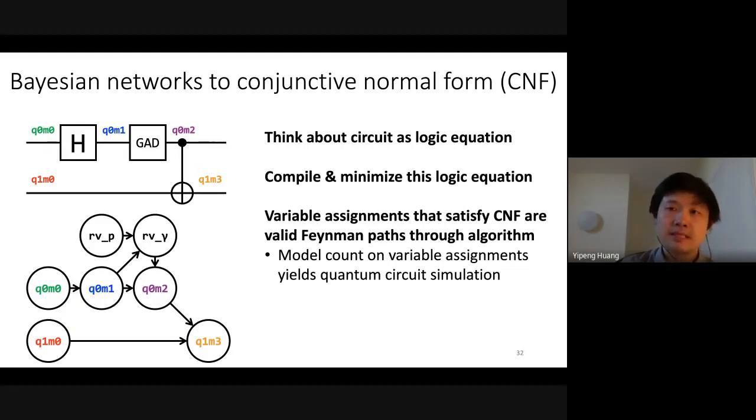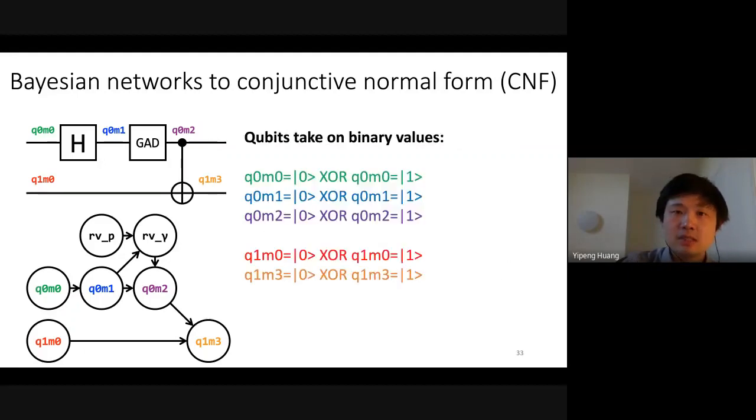Satisfiability problems represented as these CNF, conjunctive normal forms. And in this case here, we're outlining the first procedure to take a quantum circuit and turn it into exactly that, a satisfiability problem.